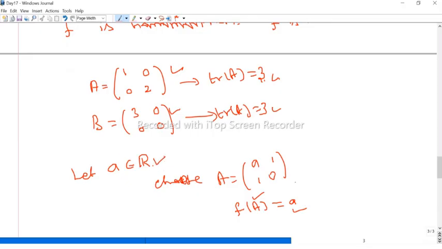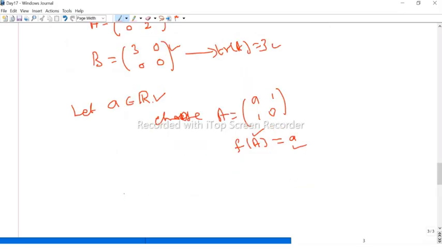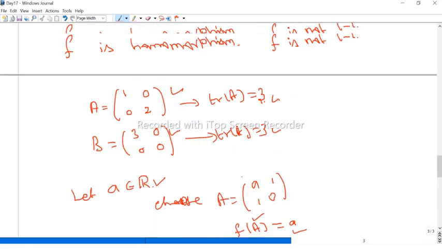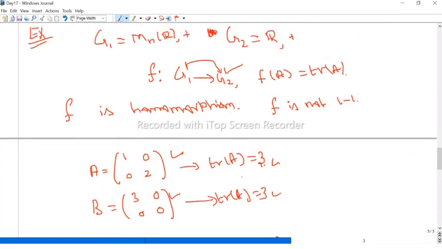Therefore, if we take any element in the codomain, we can always find the pre-image. Therefore, this function is an onto function. F is onto. But F is not 1-1. Already we proved that F is not 1-1. Therefore, this F is not an isomorphism, because it is a homomorphism and onto, but it fails the 1-1 condition.